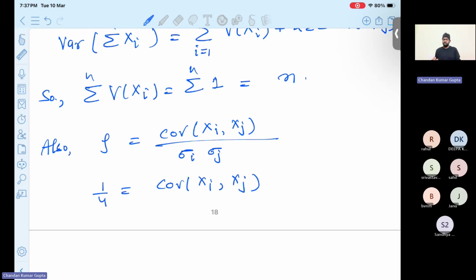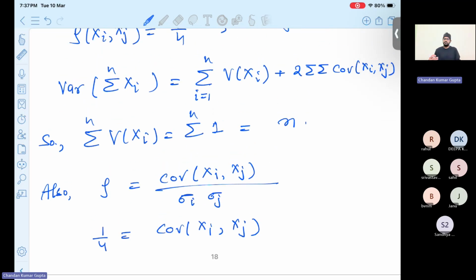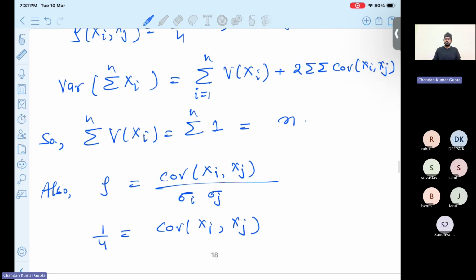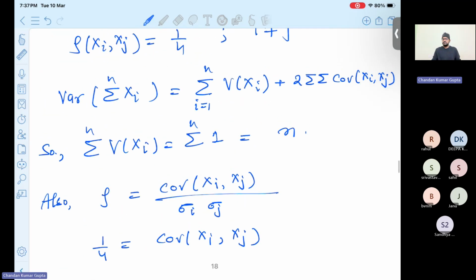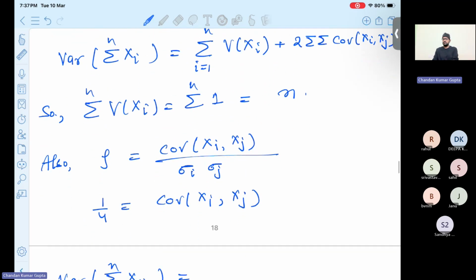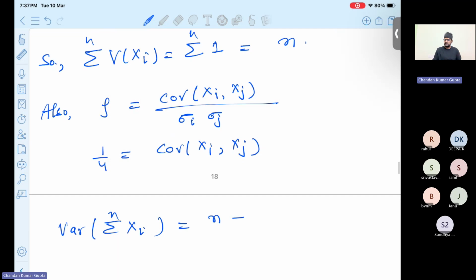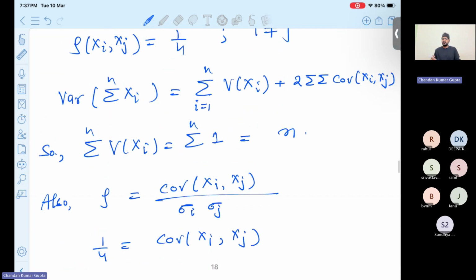Simple. So we have the covariance, we have the variance. Now put in the above expression, we may find the variance of summation of xi equal to the summation of variance of xi, which has been calculated already and comes out to be n, plus the sum over pairs xi, xj with i less than j. So for n random variables, the possible number of pairs is what?